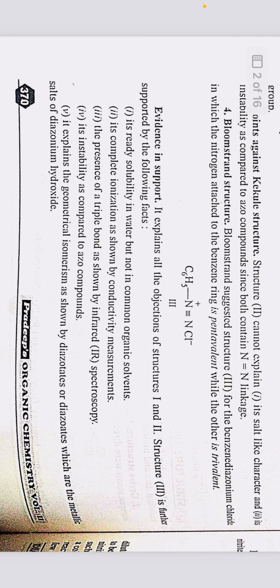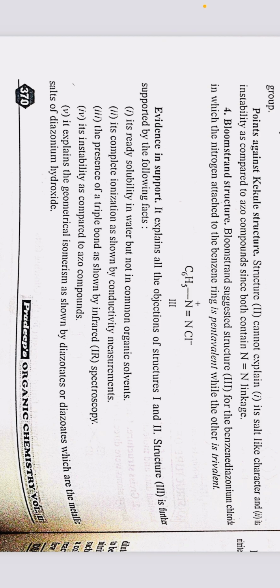Blomstrand structure. Blomstrand structure for benzene diazonium chloride is one in which the nitrogen attached to the benzene ring is pentavalent while the other is trivalent. Evidence in support: it explains all the objections to the structures of Kekulé and Griess. This structure is further supported by the following facts.